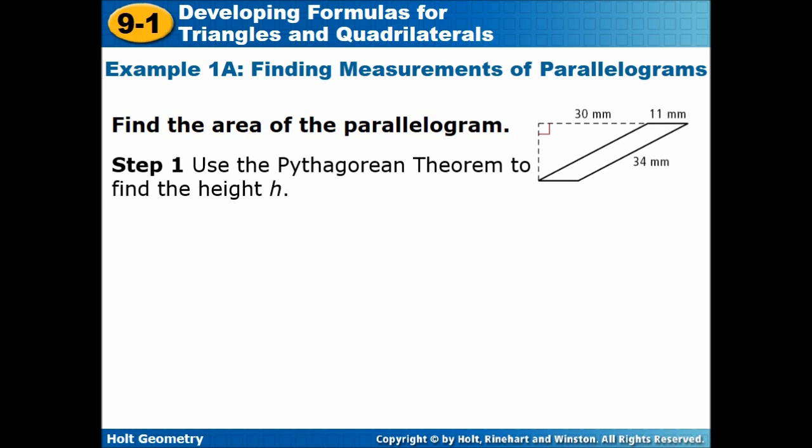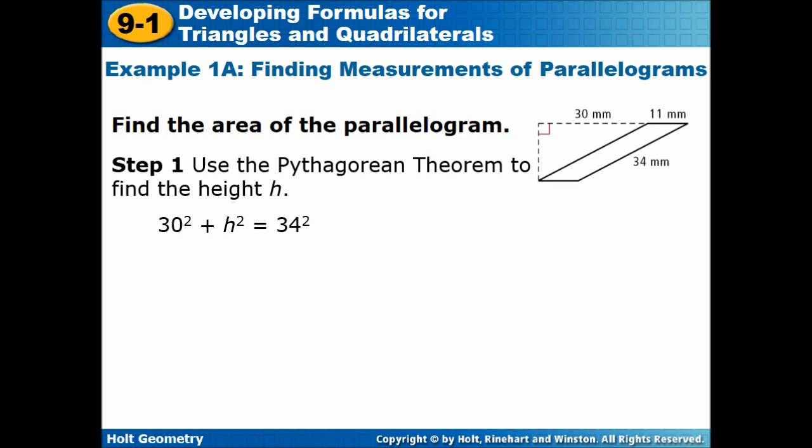So the first thing we're going to do is use the Pythagorean theorem. That's obviously where they're going with this, to find the height, H. So you're going to use the 30 millimeters as your A squared, so that'll be 30 squared, plus your B squared will be H squared, and your hypotenuse, which is 34 millimeters, we're going to square that, and that'll be your C squared. And when you square those, your 30 squared will be 900, and your 34 squared will be 1,156.